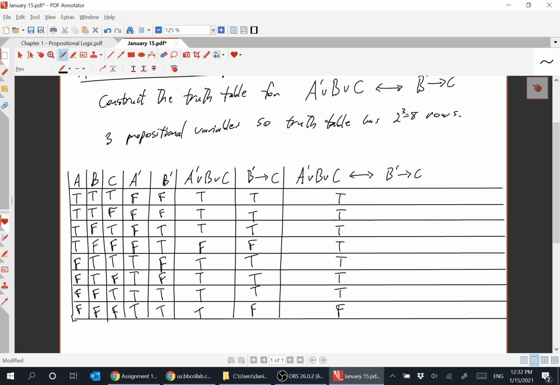In particular, when they're both false, it's true. Logically equivalent is equality of logical value. So the only time we have the statement being false is down here in the last row.